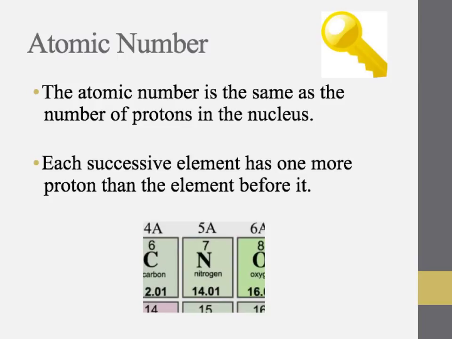Some of the things that I want you to be familiar with: one of the really useful pieces of information we can get from the periodic table is the atomic number. The atomic number, most importantly, is the number of protons in the nucleus. That's the direct relationship: atomic number, number of protons.